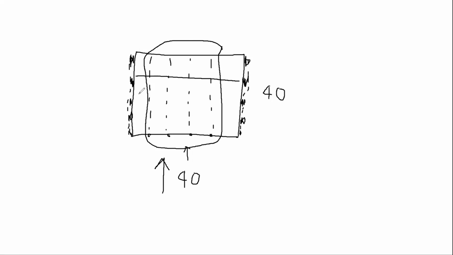And so we have to provide a diaphragm to transfer the forces into each moment frame. So in the Y direction, this could be the diaphragm. And in the X direction, well, we'll say we've got a shear wall here and a shear wall here.